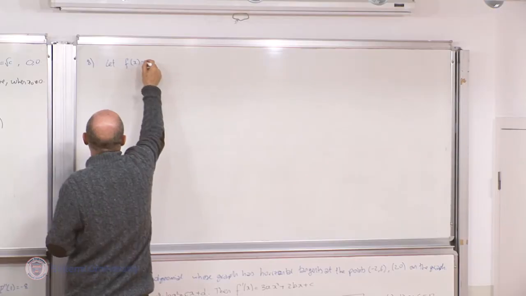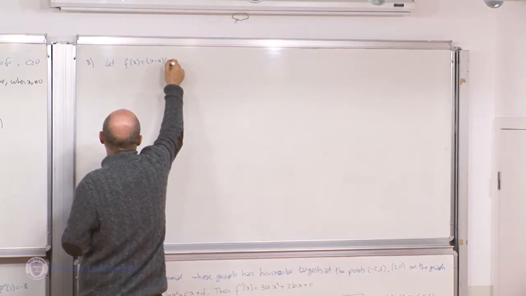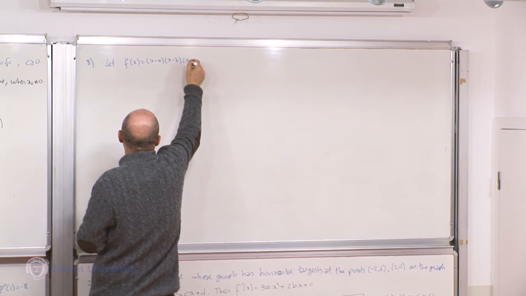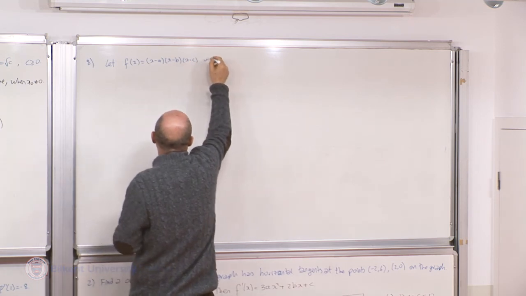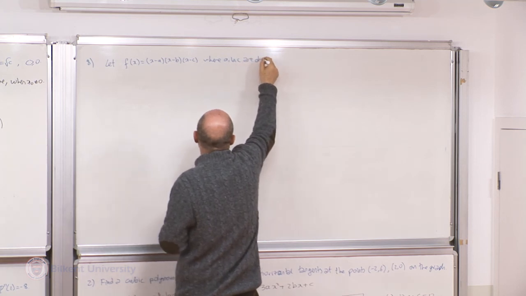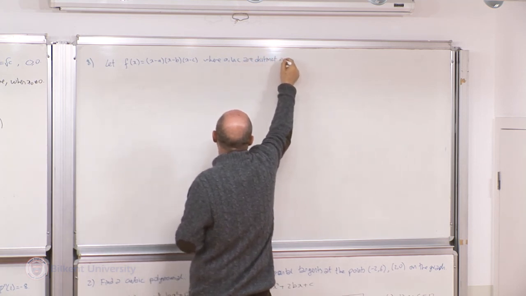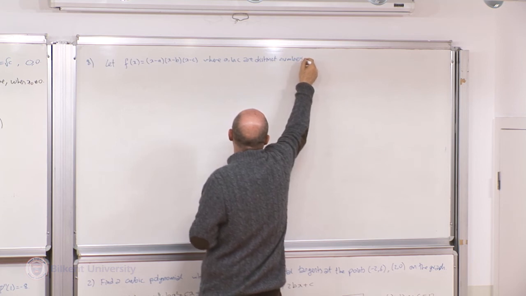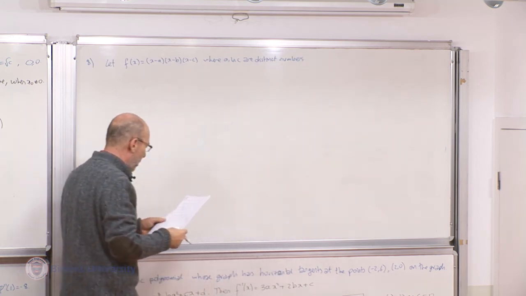Let us consider this function, f(x) = (x minus a)(x minus b)(x minus c), where a, b, c are distinct numbers.